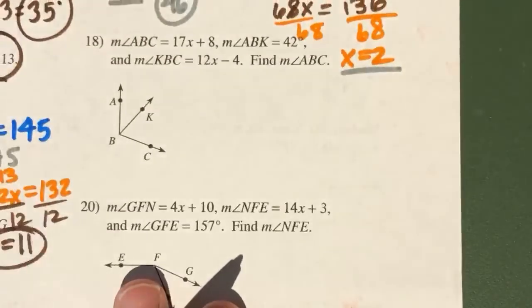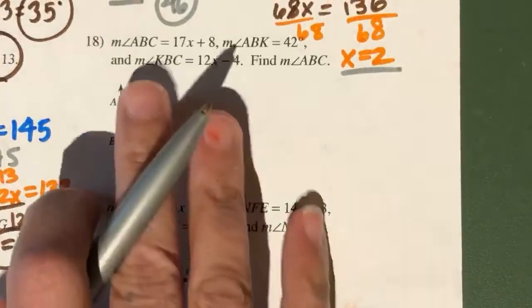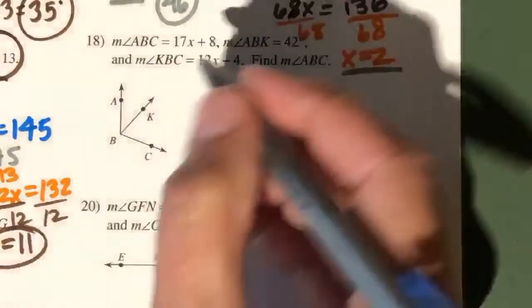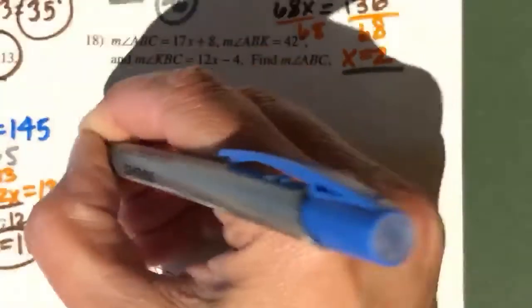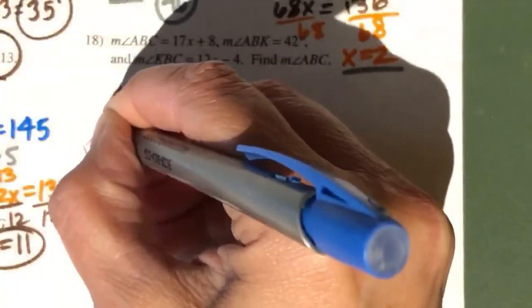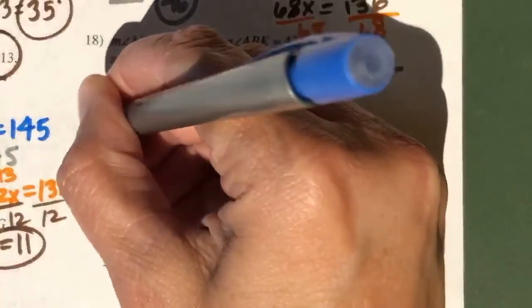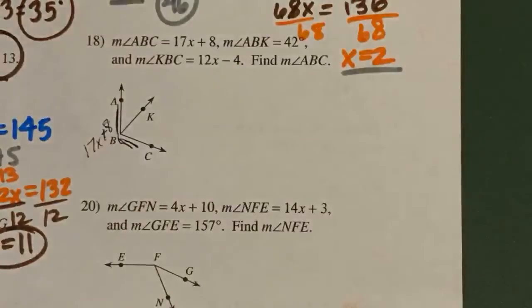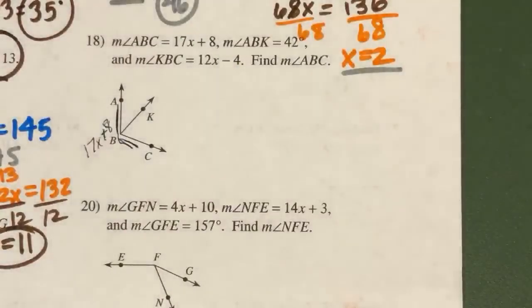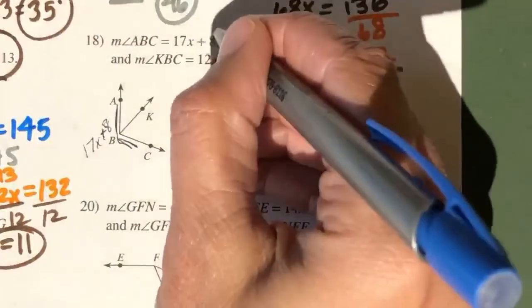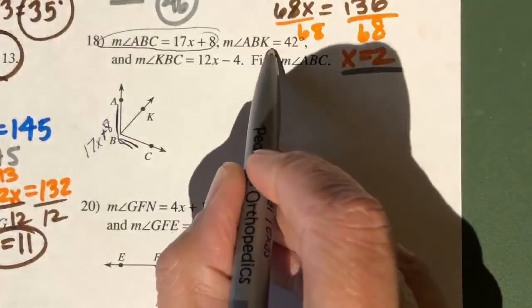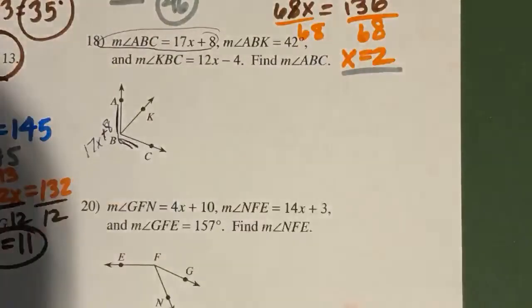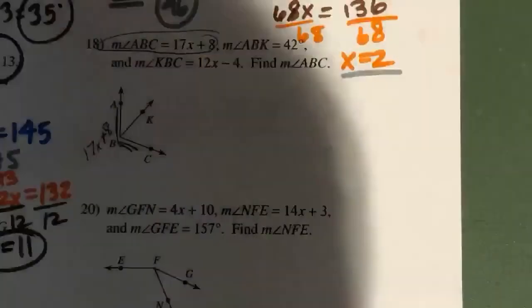On number 18, ABC is 17x plus 8. So this whole angle right here is 17x plus 8. Hopefully you can see that. Now, ABK is 42. ABK is this angle, and I'll use a little bit of color so you can see it.